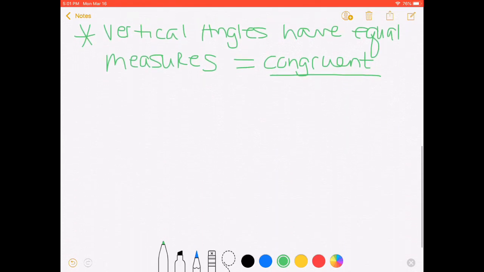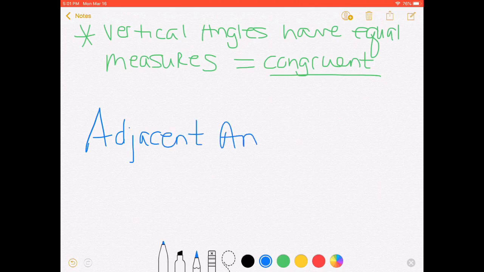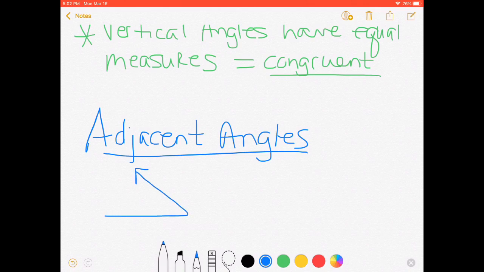Another type of angle relationship that we'll talk about here are adjacent angles. When you hear that word, it typically means next to. So adjacent angles are two angles that are next to each other. If we have this angle here and we call it angle MNO, and then we have another ray coming out of point N, we just formed two angles.